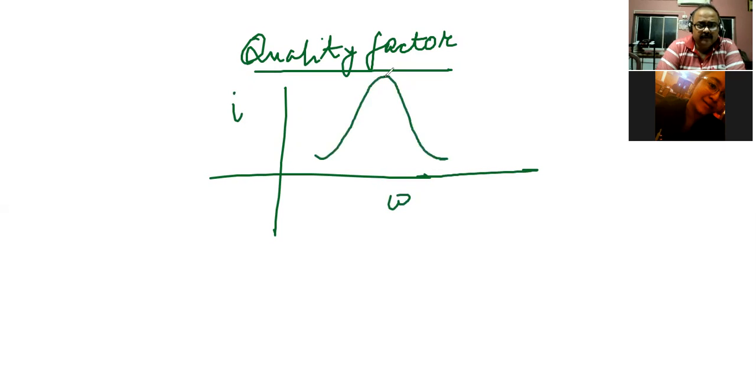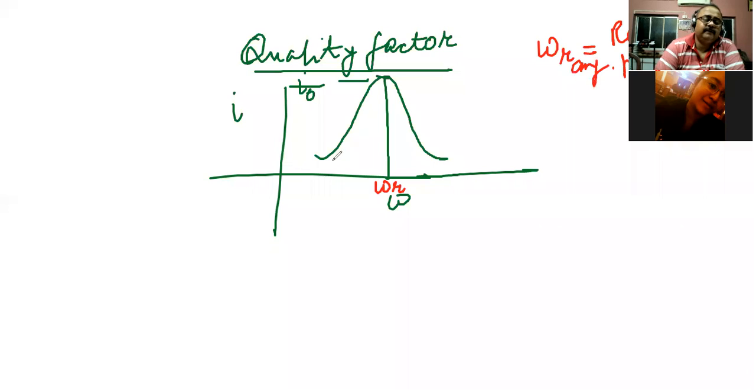At resonance, the current will be maximum, and let me take this to be the peak current. This is at resonance. So we can say this omega r is the resonance frequency, or resonance angular frequency, to be much more precise.